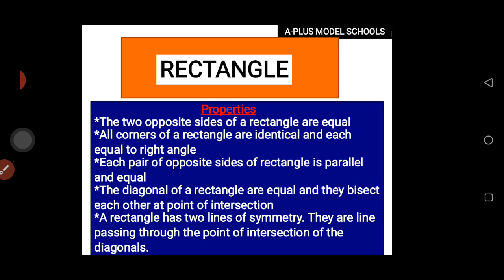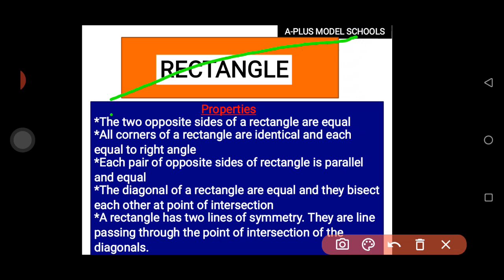I've said that. The next one: the diagonals of a rectangle are equal and they bisect each other at the point of intersection. Same thing here. If I draw a line from this angle to the other angle facing it, and also from the second one to the other angle facing it, you will see that they bisect at a particular point.